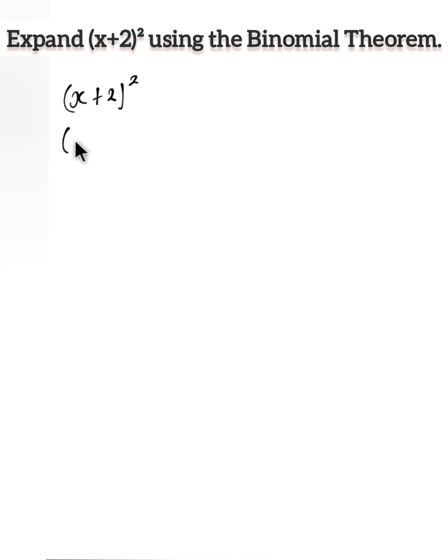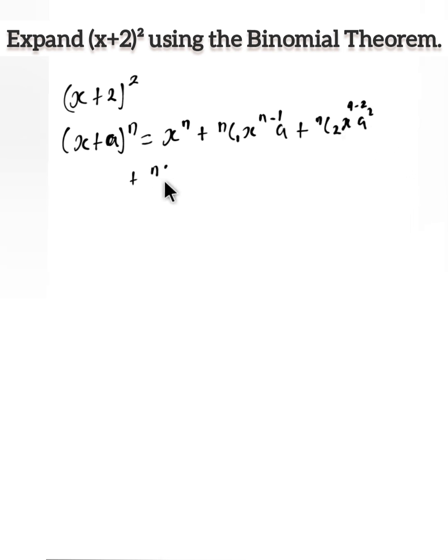Recall that binomial theorem states that (x + a)^n is equal to x^n plus n combination 1, x^(n-1) a, plus n combination 2, x^(n-2) a squared, plus n combination 3, x^(n-3) a cubed, plus, keep on going to a^n.